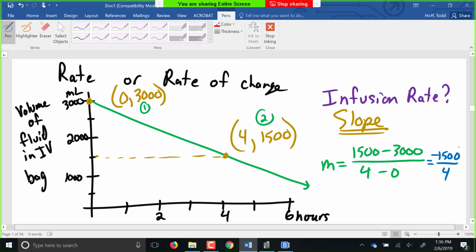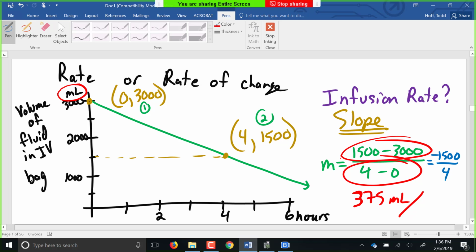We can divide that out. It actually becomes 375. What's the units on this top number? Milliliters per, what was the units on the bottom number? Per hour. So that rate of change, that slope is 375 milliliters.